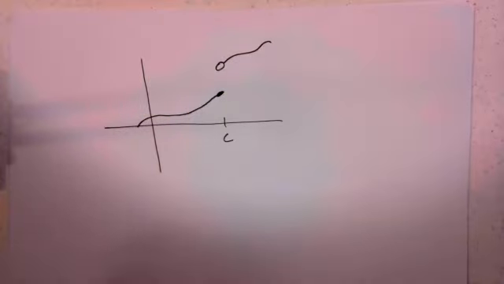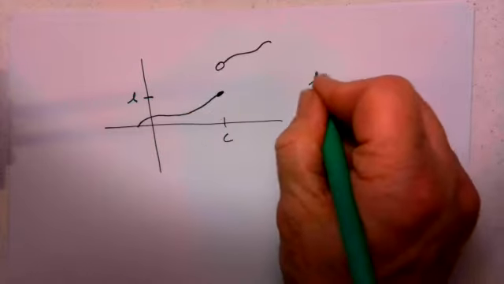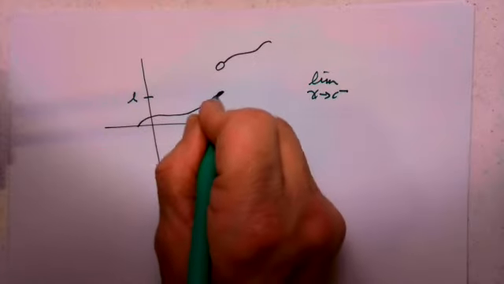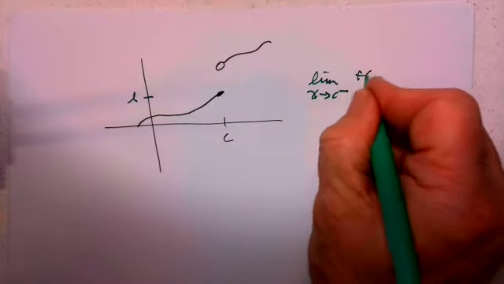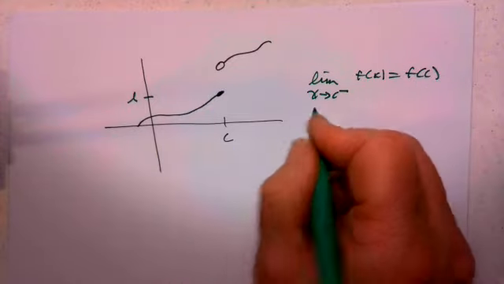So notice that this situation, if I call this little l again, to be consistent with my previous diagram, the limit as I approach c from the left is the same as f of c. So this is continuous from the left at c.